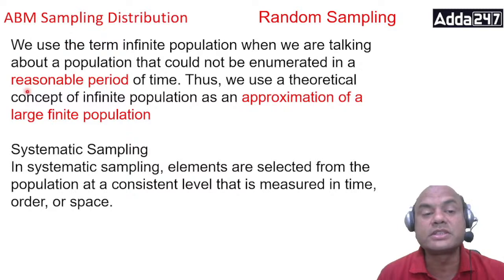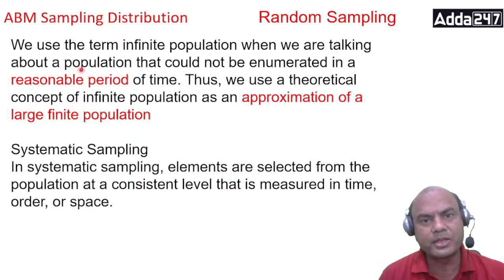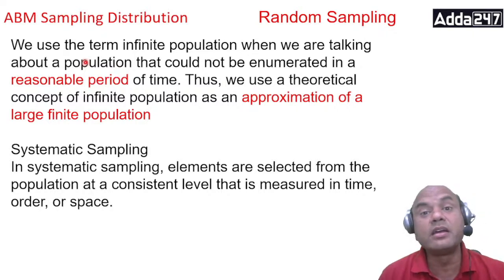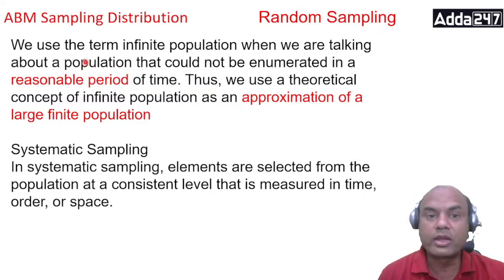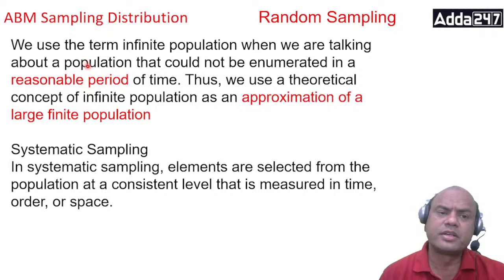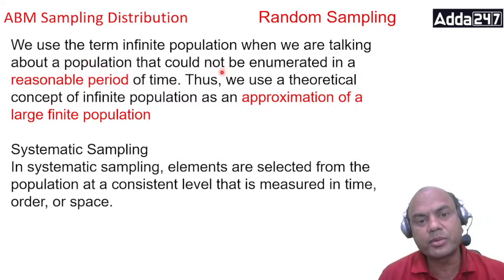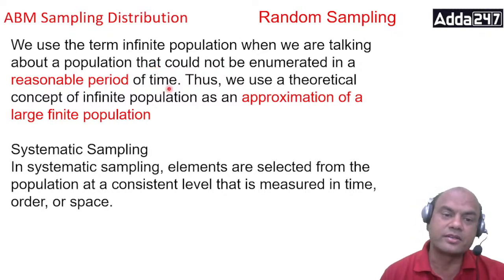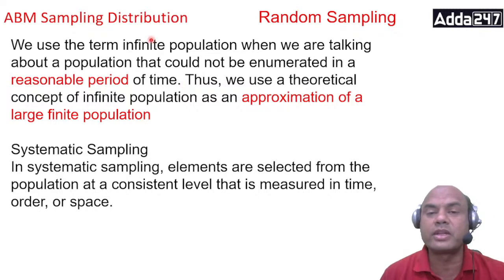But if I ask the same 1 lakh population to be surveyed in, let's say, 10 years, then it doesn't become an infinite population because the time period is huge. That's the logic. So there is nothing called absolute infinite or finite over here.